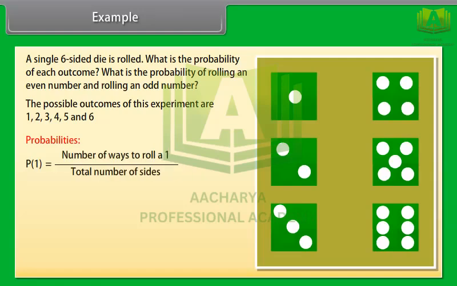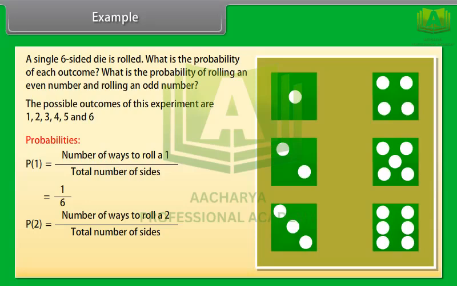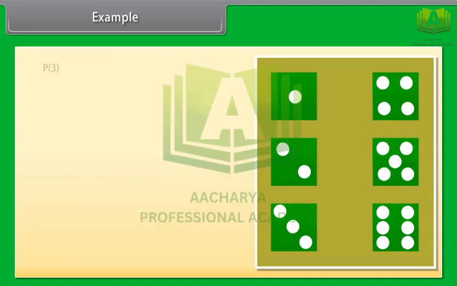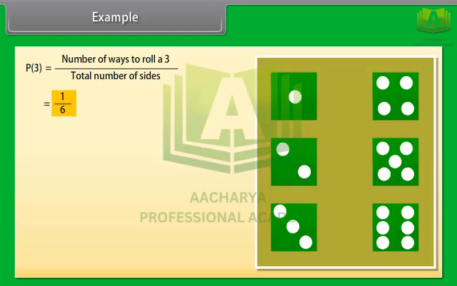Probability of 1 is number of ways to roll a 1 by total number of sides is equal to 1 by 6. Probability of 2 is number of ways to roll a 2 by total number of sides is equal to 1 by 6. Similarly, the probability of 3 is equal to 1 by 6. In the same way, we will find the probabilities of 4, 5, and 6.